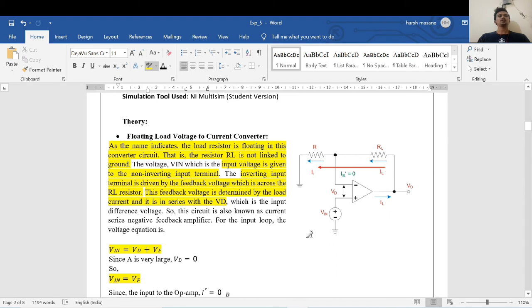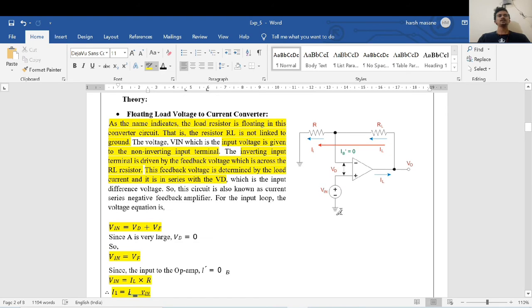The voltage Vin, which is the input voltage, is given to the non-inverting terminal of an op amp, and the inverting terminal is driven by the feedback voltage, which is across the resistor RL. This feedback voltage is determined by the load current, and it is in series with the Vd, which is the differential voltage.